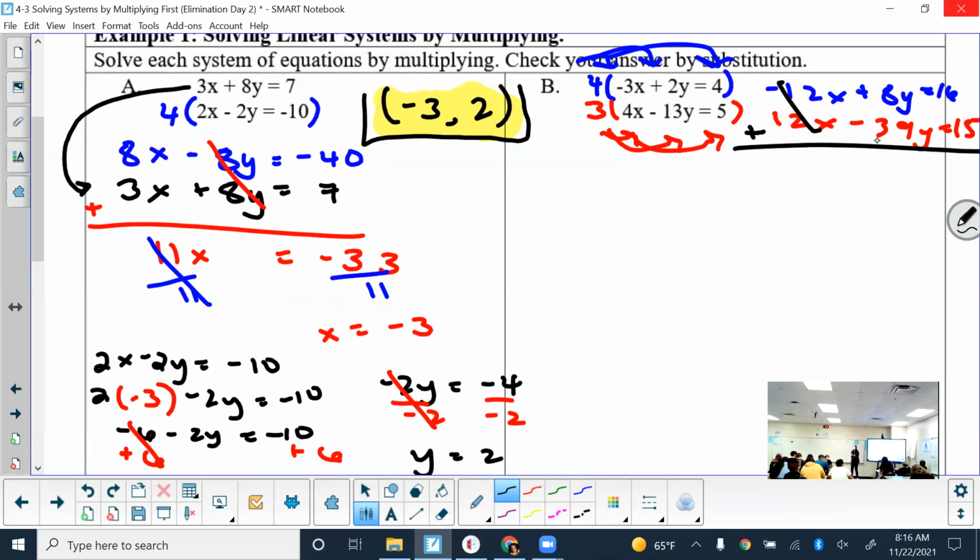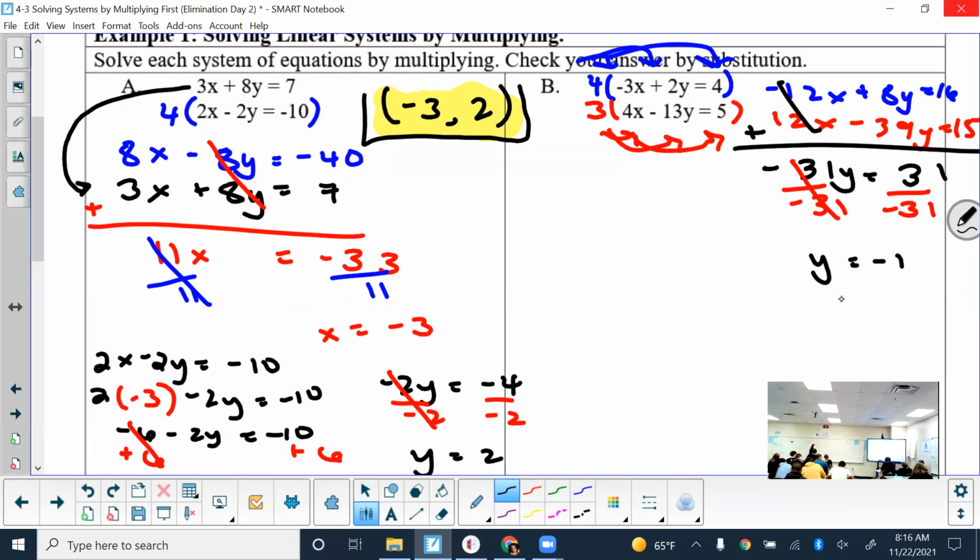What's 8y plus -39y? Good. And then on the right side, 16 plus 15 is 31. How do you get y by itself? Good. And what does y equal? -1.